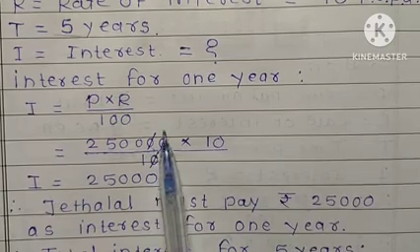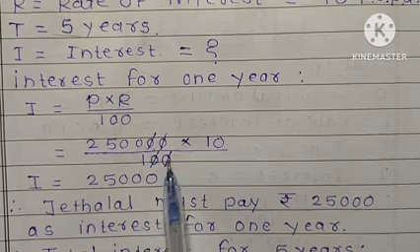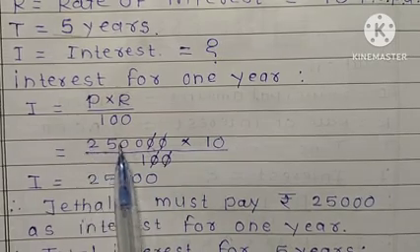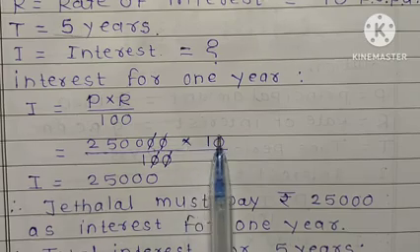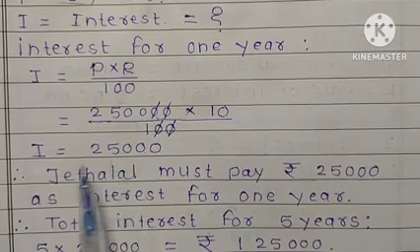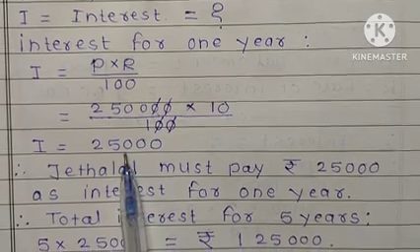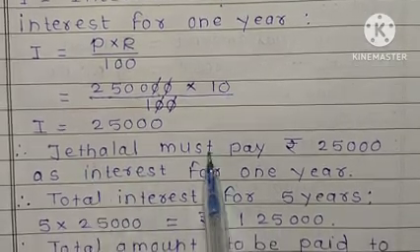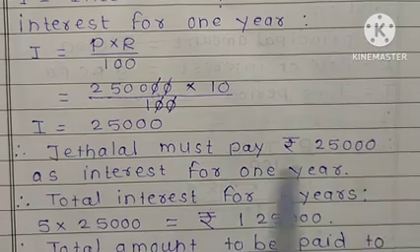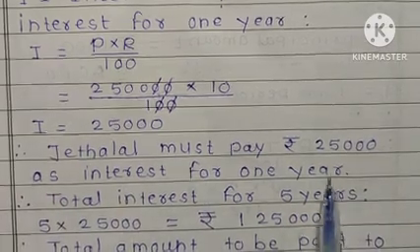Now simplify. 0, 0 from numerator and 0, 0 from denominator will get cancelled. So 2500 into 10, that is 25,000. So I is equal to 25,000. That means Jethalal must pay rupees 25,000 as interest for 1 year. Okay.